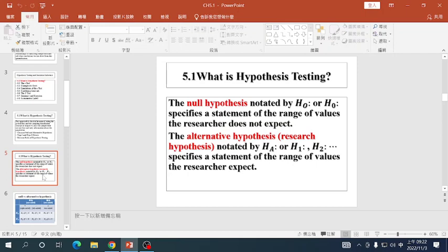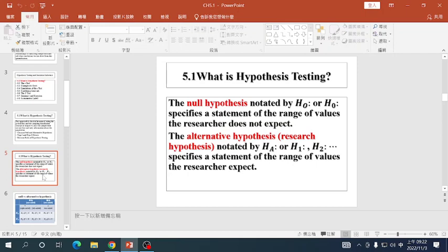So for example, let me use one example. Okay, here I see the bottle. Can I use this one? This one shows that this is 500 ml, 500 cc, right? So this is what the manufacturers say, that the liquid in the drink weighs 500 ml.